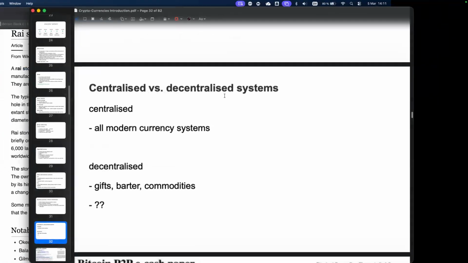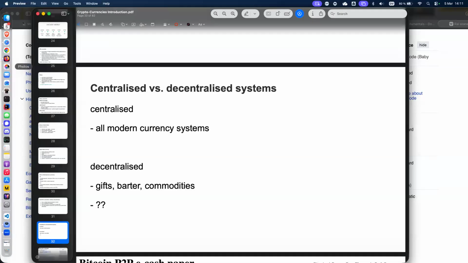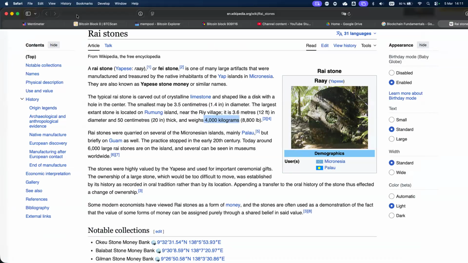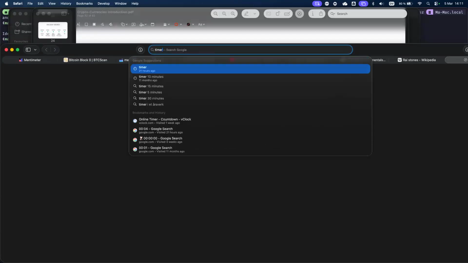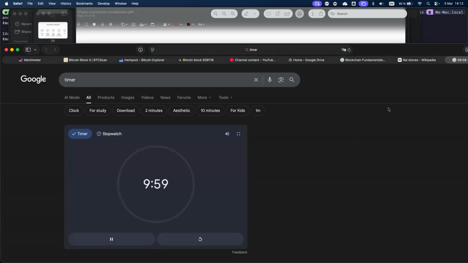Okay, so let me show you something. I need to find the slides. All right, let's have a break. By the time I find the slides, you will have a break. Let's make a break. 10 minutes break, and I will find the slides.